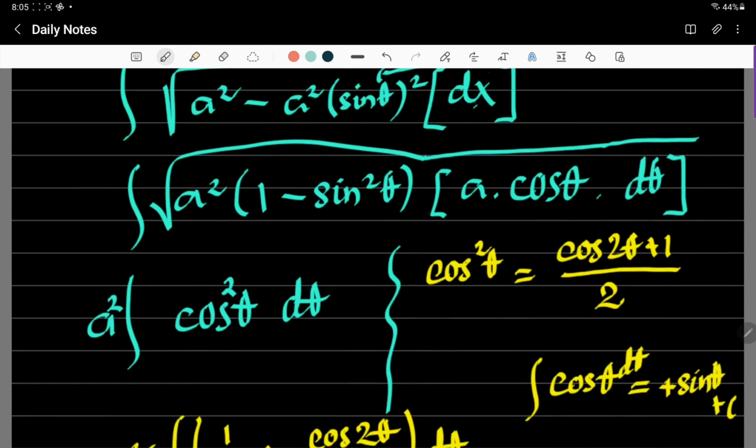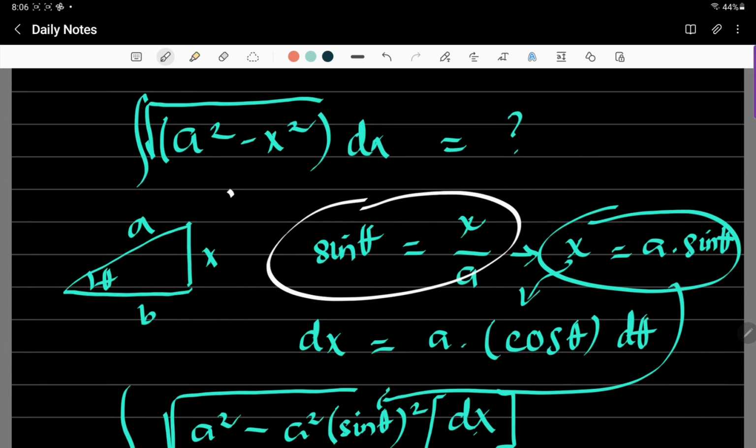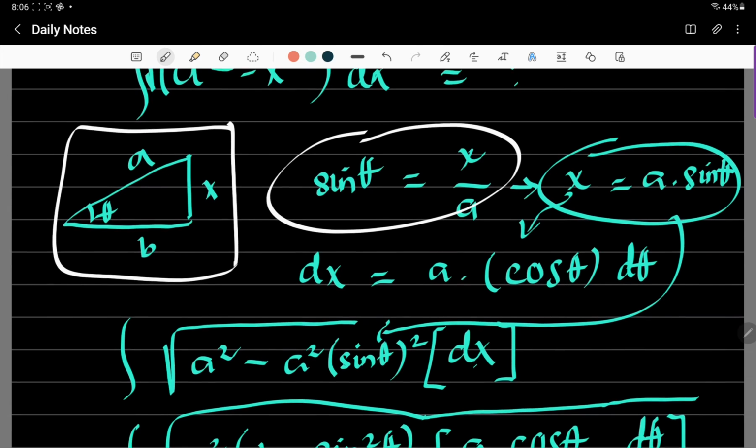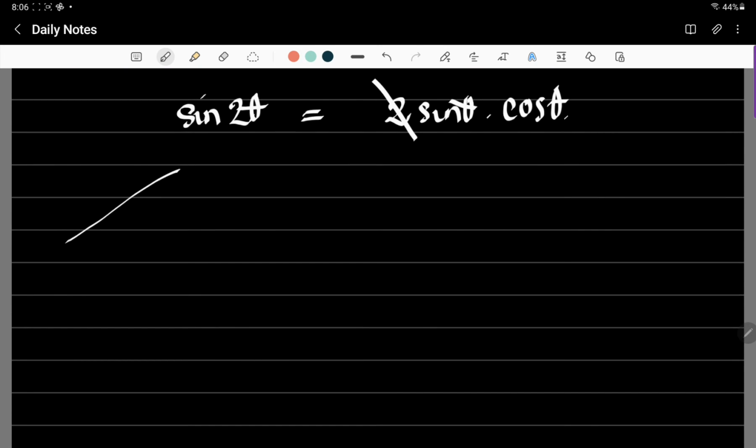And now earlier we have sine equal what? Sine equal x over a. Okay, let me write out this thing over here again, okay? I will bring it down over here so we can see it. A, X, B. We have A, X, and B. What is B?